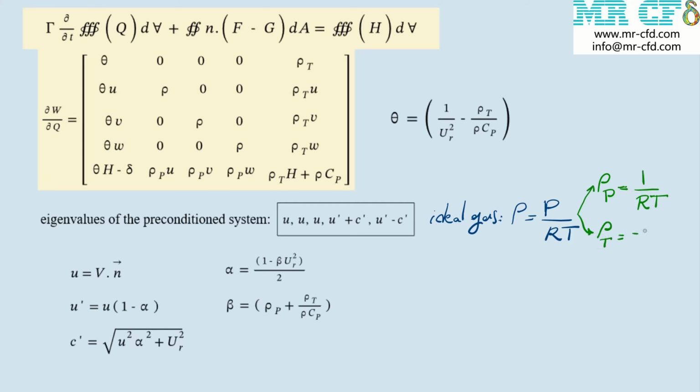The derivative of density with respect to pressure is 1 over RT. The derivative of density with respect to temperature is minus P divided by RT to the power of 2. The specific heat at constant pressure, Cp, is given by γR divided by γ minus 1, where γ is the heat capacity ratio, the specific heat ratio. By substituting the values for ρP, ρT, and Cp into the formulation of beta, we can find this relation.